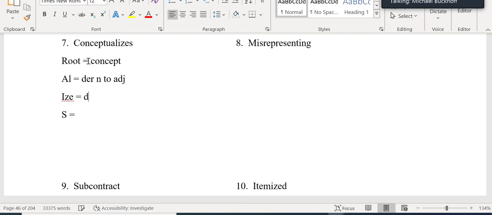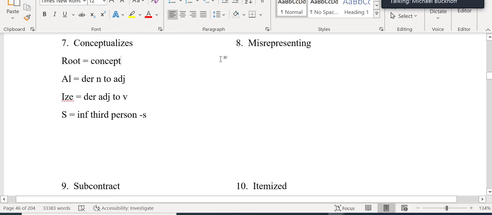Then we have again derivational. We have changing from an adjective to verb. Then the last one we have inflectional. We can say third person S. Third person present singular S ending.